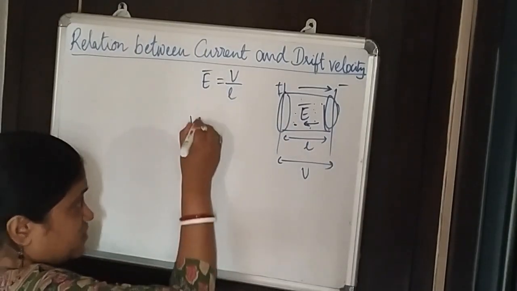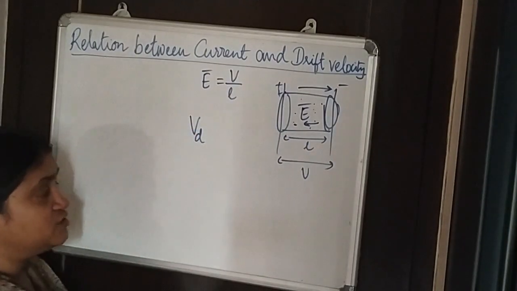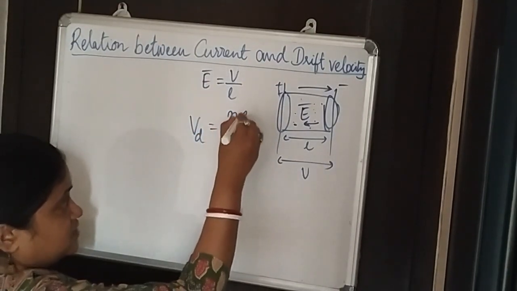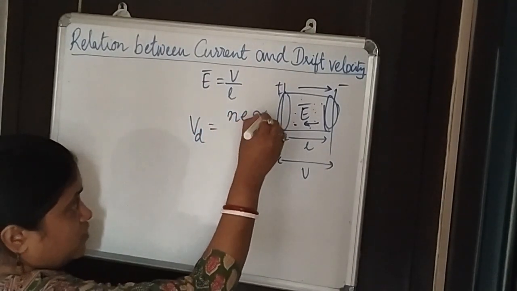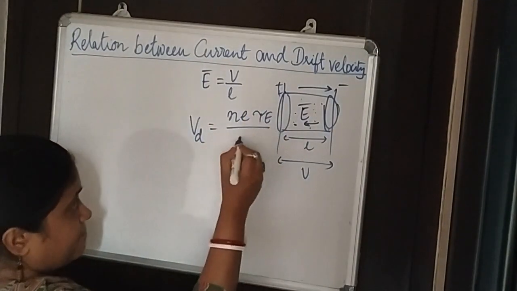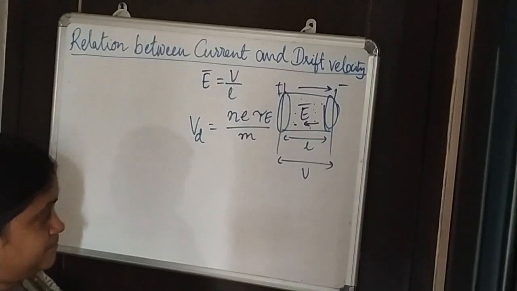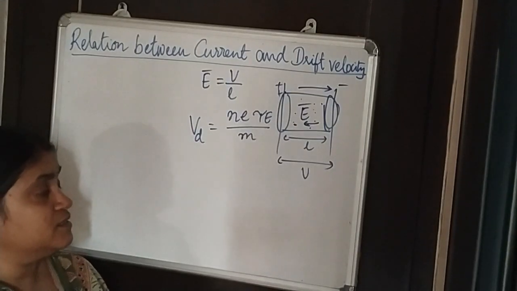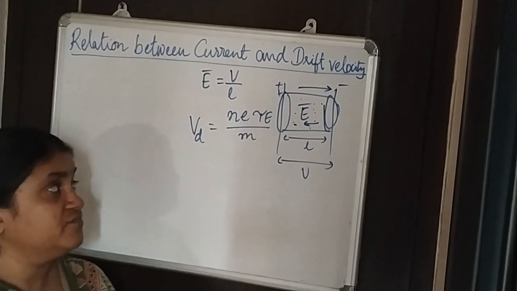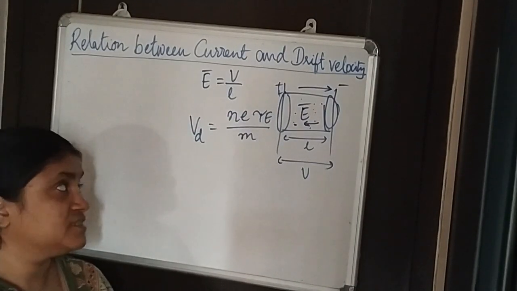We have derived the expression for drift velocity, which is n e tau E by m. This is the drift velocity expression that we learned in the last class.